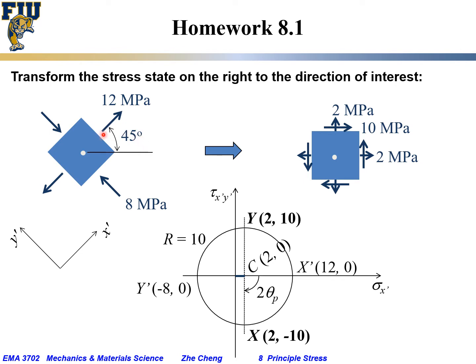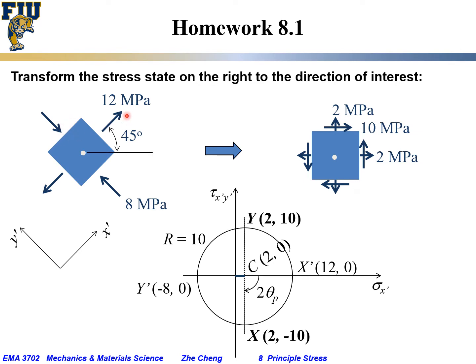For the x prime point, it would be 12, 0. Why 0? Because there is no shearing stress in this x prime plane. For the y prime point, it would be negative 8 megapascals, 0, negative because it is pressing in, compressive stress, and there is no shearing stress in this plane.